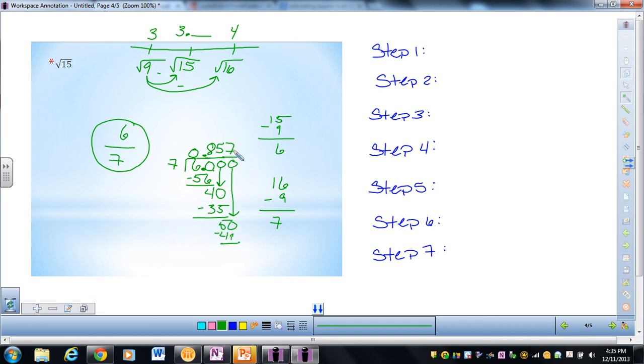And that's as far as I need to go. So I need to round to this place right here, the 100th place. So I'm looking at this number, so that is going to be 0.86. And I know that this fills in right here for my answer. So I know that the square root of 15 is 3.86. Okay? Again, I'm looking for you to have filled in those steps.